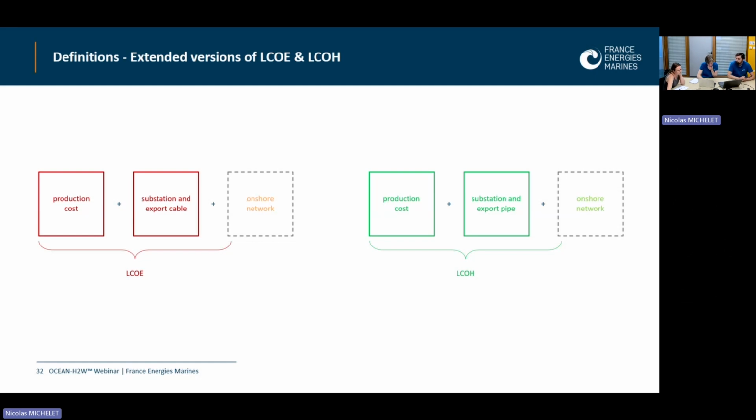For the time being, the tool has been developed on PEM electrolysis because that's the technology we have used in the project. The electrolyzer degradation is taken into account with a decrease of the efficiency of the electrolyzer along time. Depending on the duration of the simulation, we also plan a replacement of some components of the electrolyzer, so that's included in the documentation.